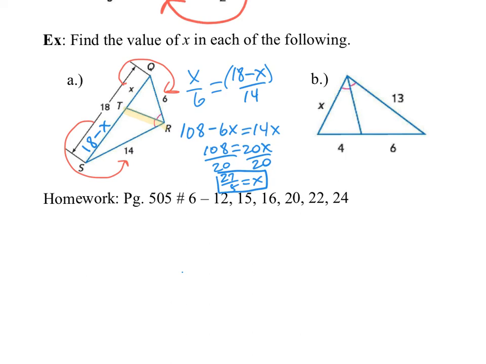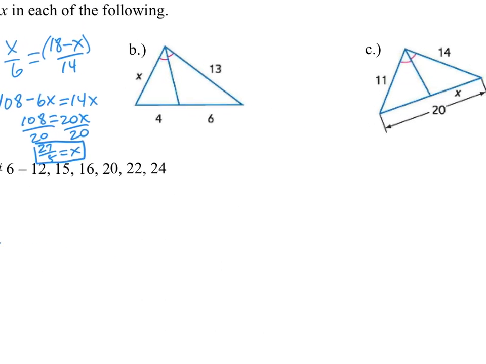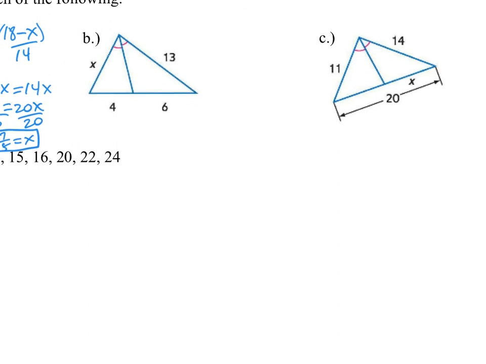Okay, so let's move on to letter B. Again, we have an angle bisector, and that angle bisector is cutting this opposite side into segments that are proportional to the other two sides. So we can write a ratio that compares 4 to x to the ratio of 6 to 13.